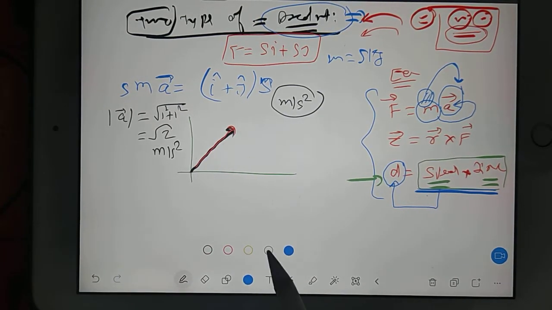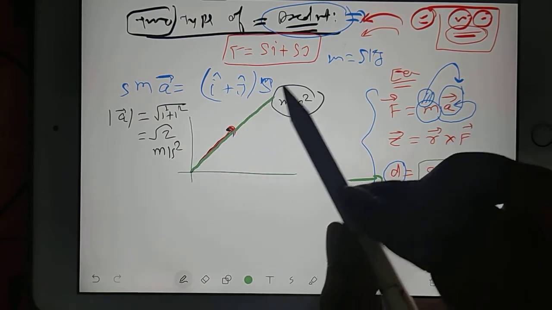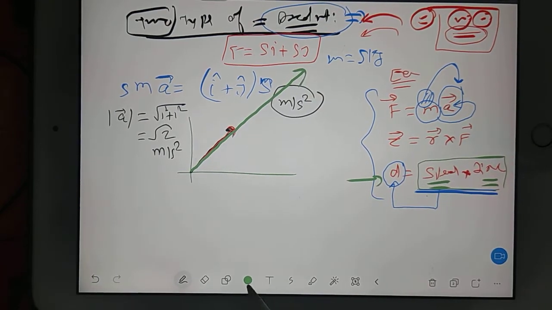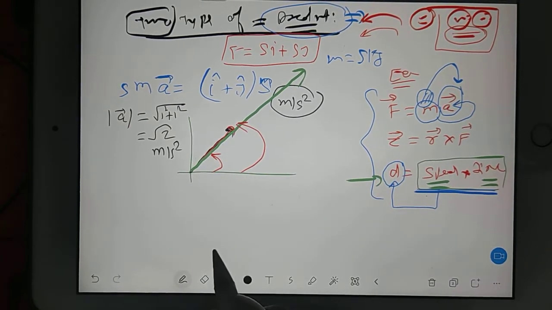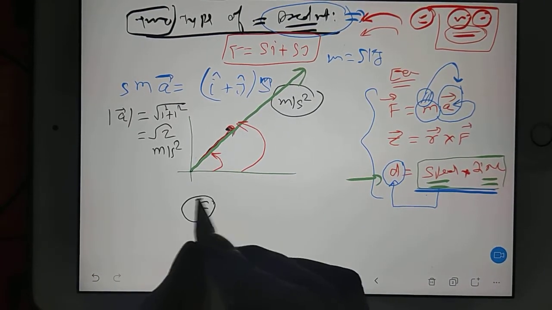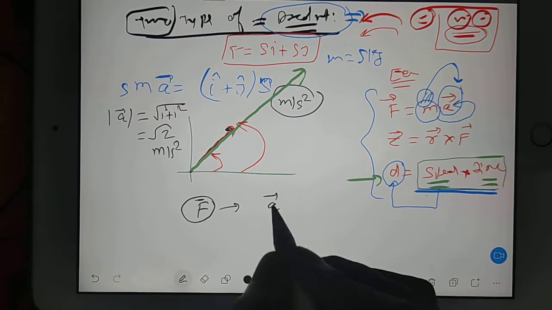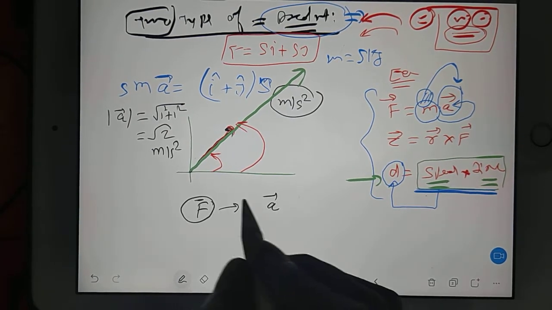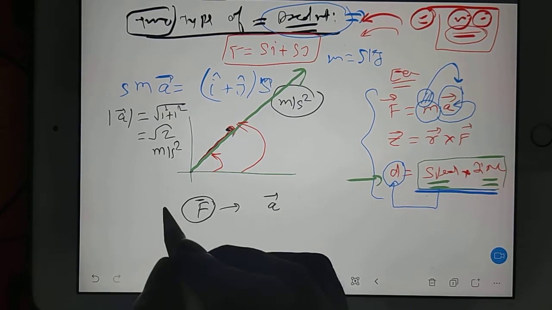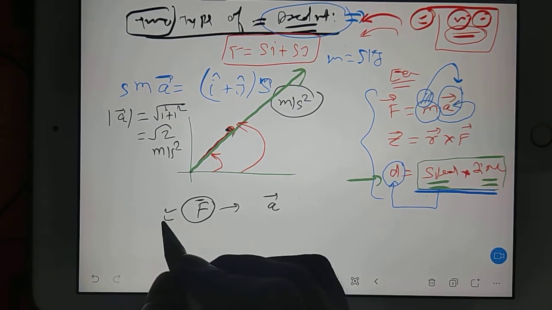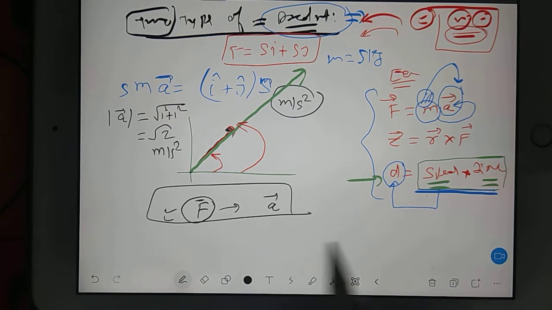It is nothing but the same line increased 5 times, correct? You can see here, the direction did not change. That's why in whichever direction you have the resultant force, in the same direction the body will accelerate. The body accelerates in the direction of the force, right? Okay, so this is the idea.